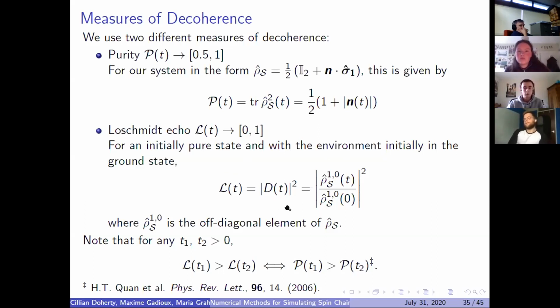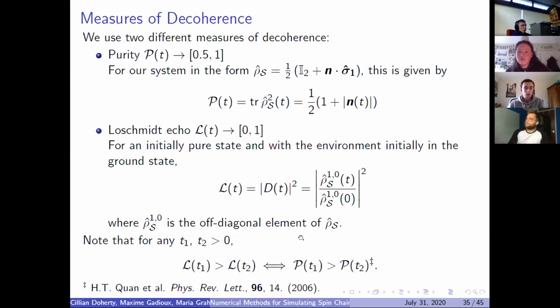And in this case, the Loschmidt echo, which is the absolute value squared of the decoherence factor, can be simplified as the absolute value squared of the ratio of the off-diagonal element of the system's density matrix at time t over the value at t equals 0.